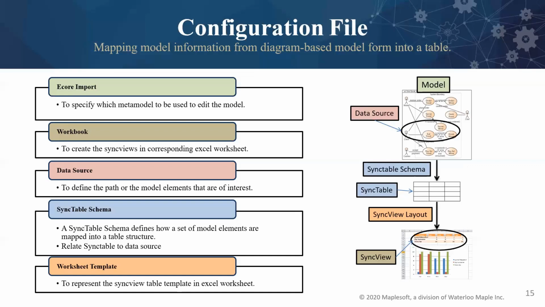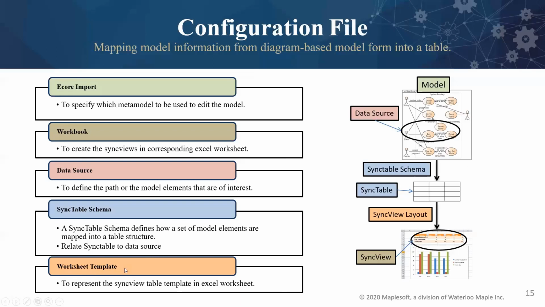So I want the name and properties for one subsystem in one worksheet, and another 4 worksheets with the information of the other subsystems. For this, I define just one schema that brings in the name and the properties, and just by pointing it to a different data source, I can keep reusing the schema. That's another advantage of relating the sync table to a data source separately.